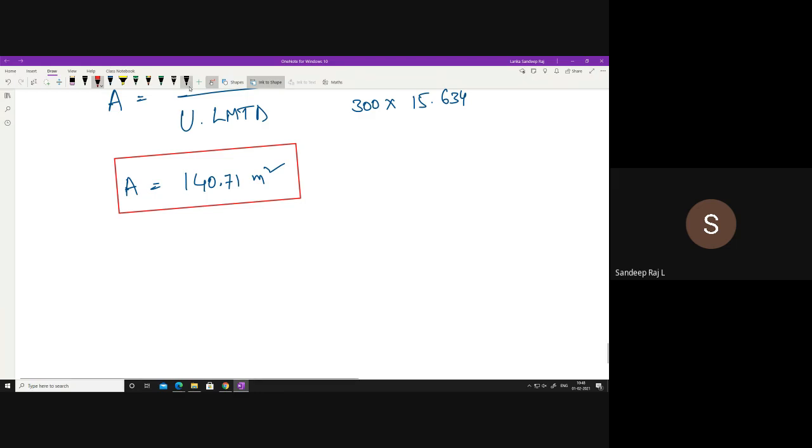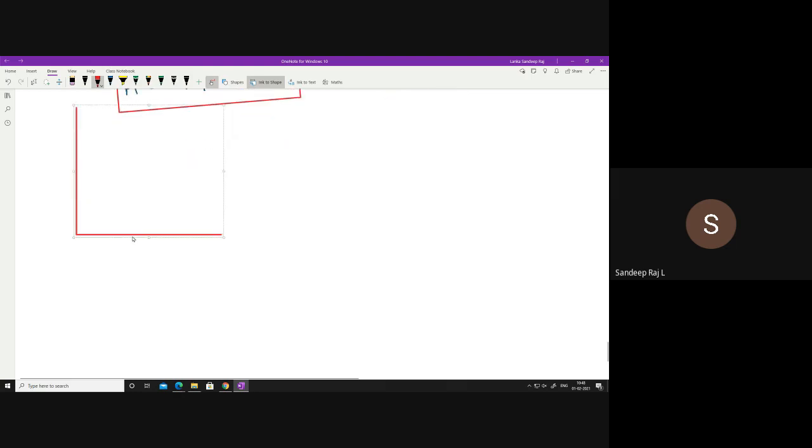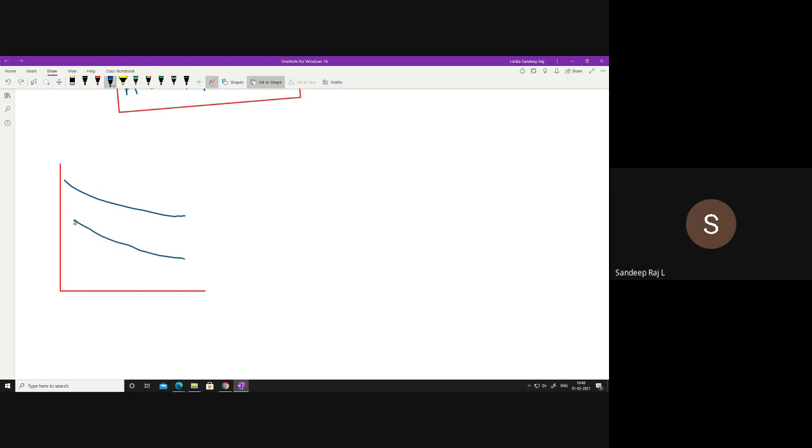Fine. So now let us take the counterflow heat exchanger question. How is the temperature profile here? It's like this. The hot fluid temperature is decreasing and the cold fluid temperature is increasing. Here from 60 it is moving to 30.